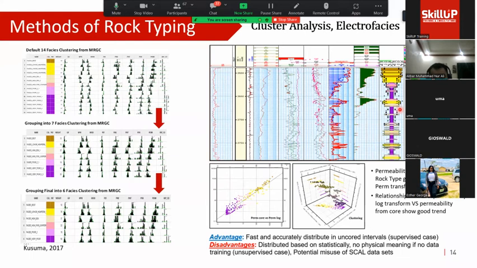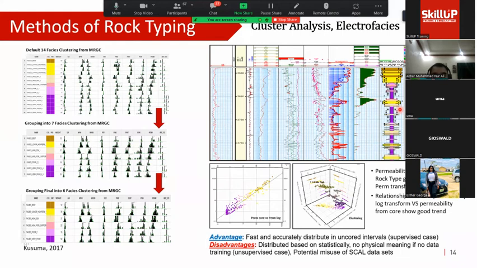There is a disadvantage also. It can have issues with scale of data, and sometimes there is no physical meaning in this model because mostly it runs based on a statistical approach. Inside this approach as well, there are a lot of options which can make a different result in every run that you create.